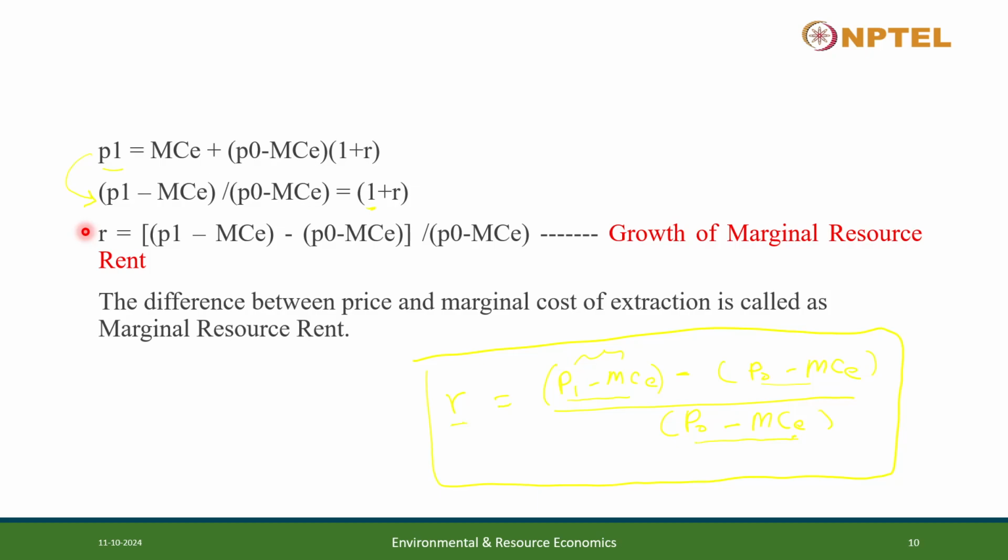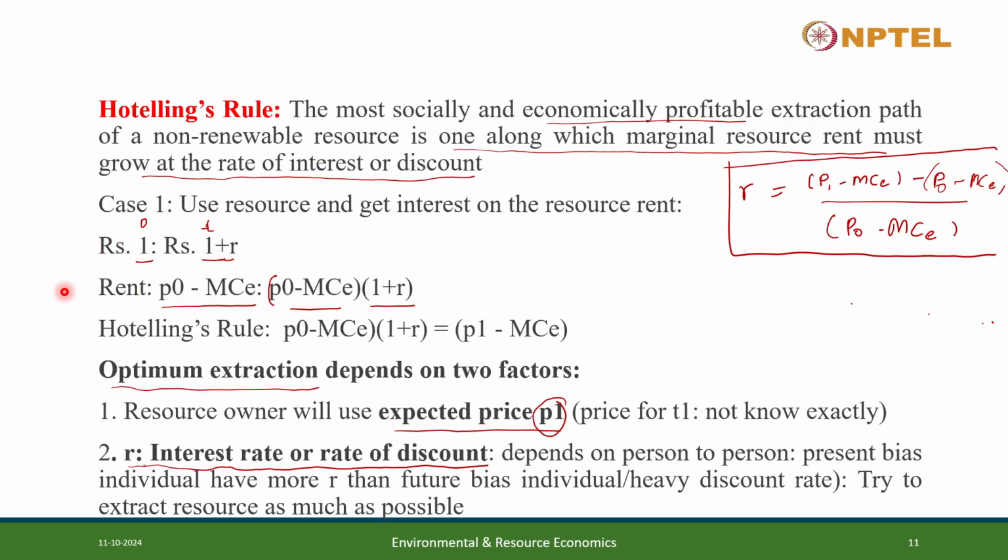So the discount or interest rate determines the growth of marginal resource rent. That is how we are deriving all these equations. From here we can say that in Hotelling's rule, what we say is that the most socially and economically profitable extraction path of non-renewable resources is along which the marginal resource rent must grow at the rate of discount.